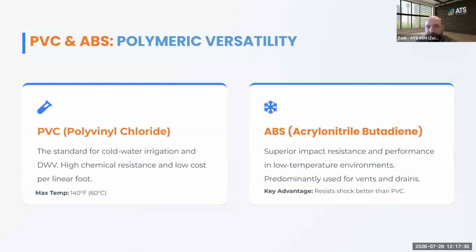Typically max temperature on PVC is going to be about 60 degrees, 140. So really not used for your high temperature. It does have great chemical resistance when we're talking about certain applications.